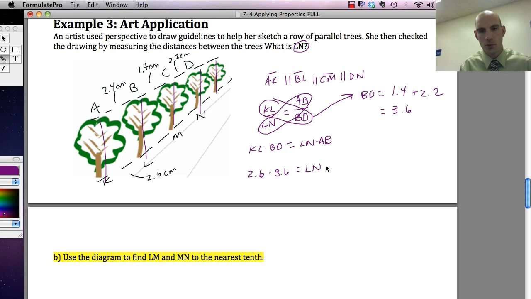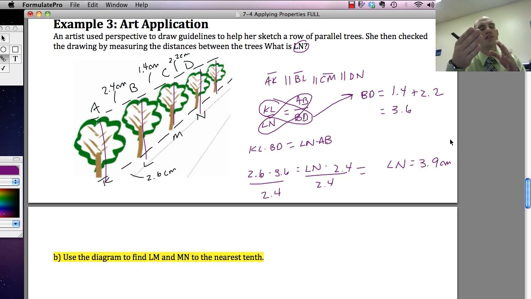Well, AB is 2.4. And so what I'm going to do is step over here and say divide by 2.4. And what we end up that being equal to is that LN is 3.9 centimeters. Okay? So we just need to work on seeing those transversals in those parallel lines so that we can use this theorem.